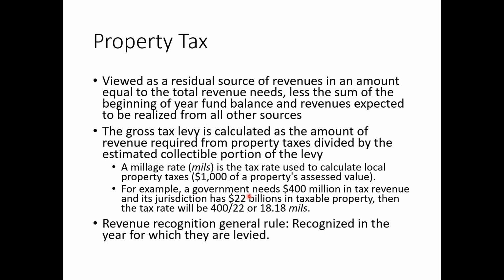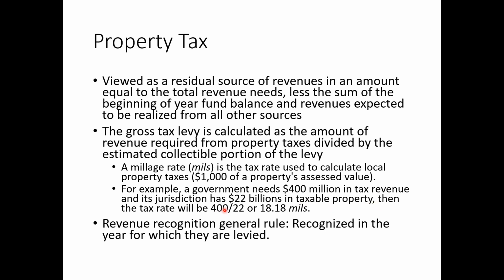For example, a government needs $400 million in tax revenues, and its jurisdiction has $22 billion in taxable properties. Then we're going to calculate the tax rate per $1,000 of property value.